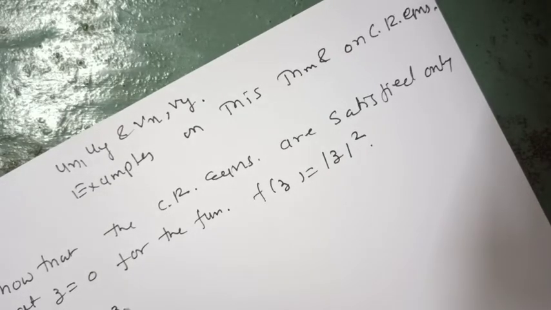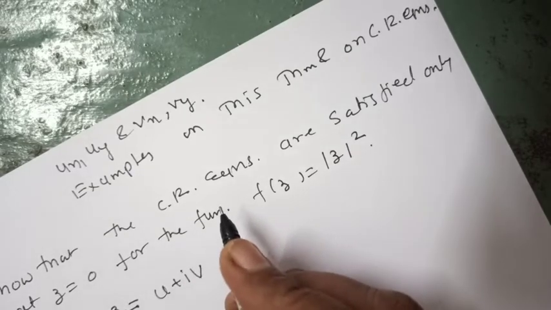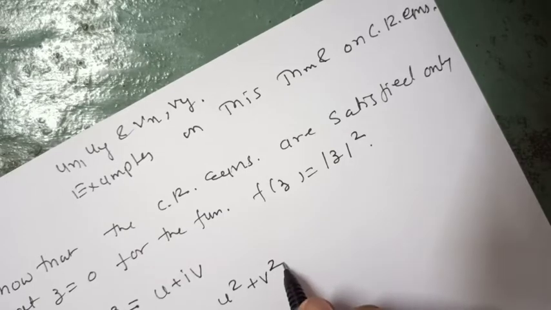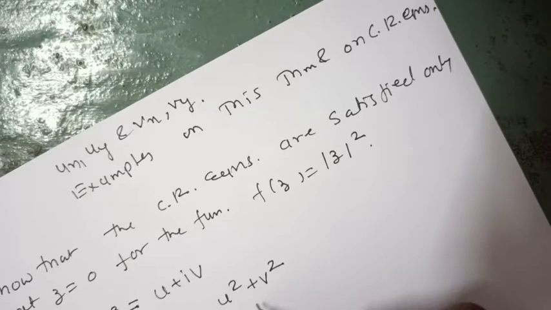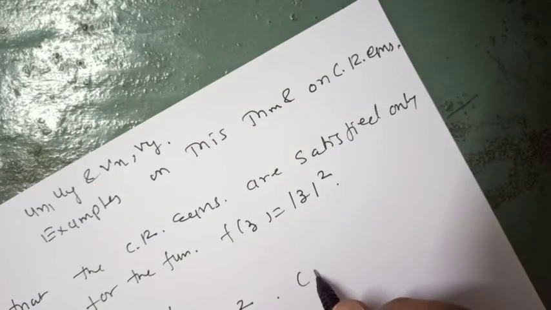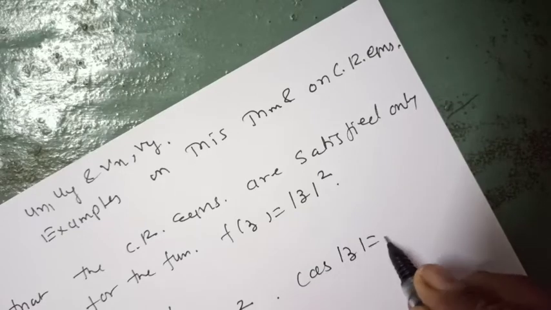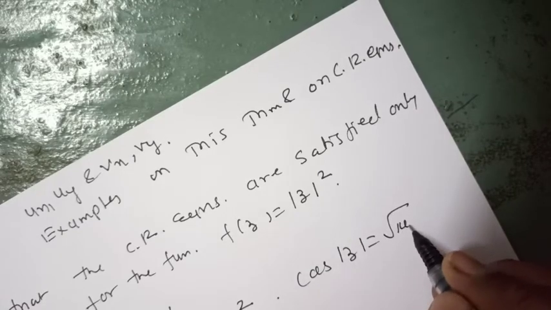Let z equal to u plus iv, then magnitude of z square is nothing but u square plus v square, as magnitude of z is under root of u square plus v square.